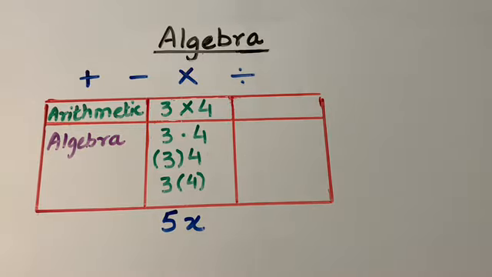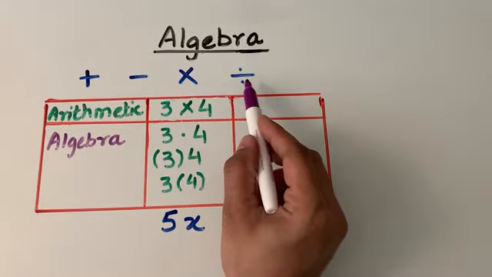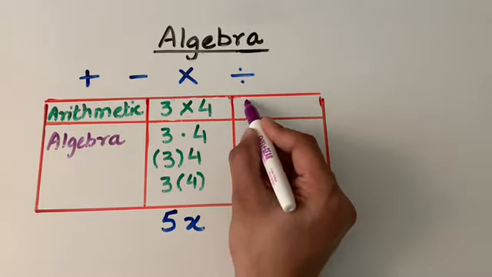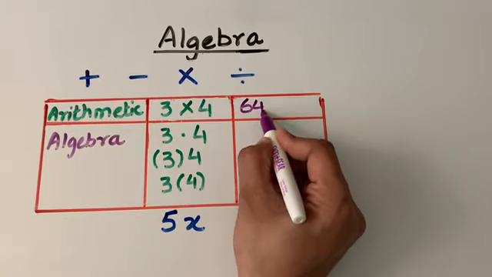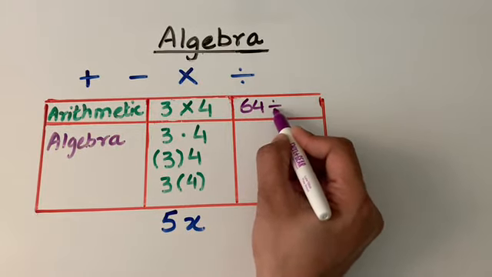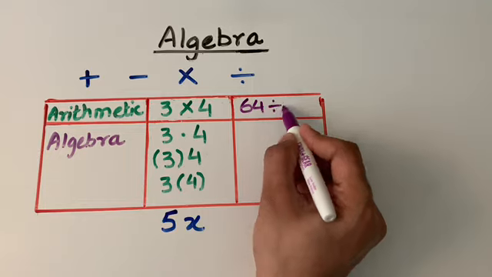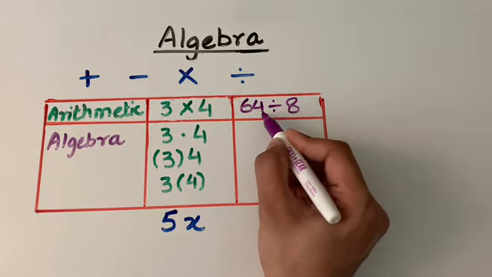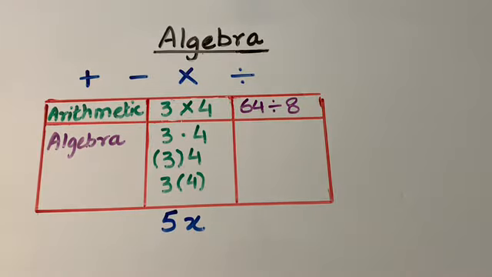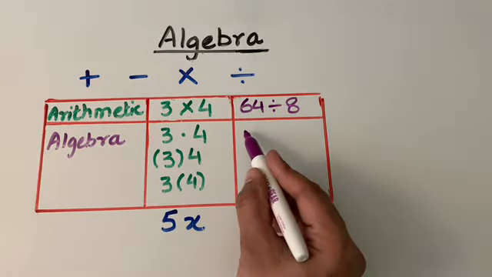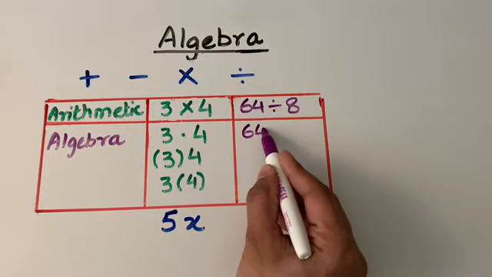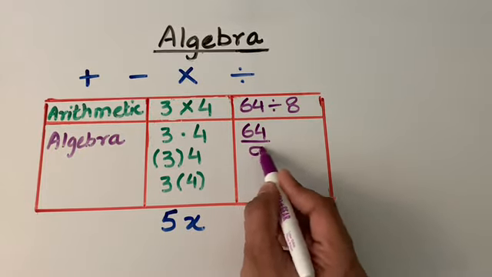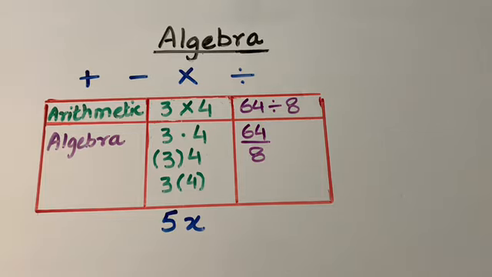When we want to divide two numbers in arithmetic, we use this division sign. Like we want to divide 64 by 8, so we use this symbol for division in arithmetic, 64 divided by 8. But in algebra, we write it like we write fractions, 64 divided by 8.